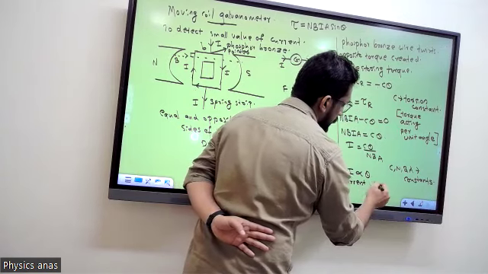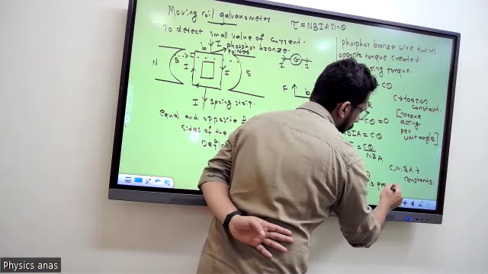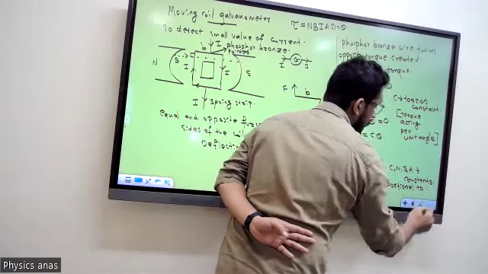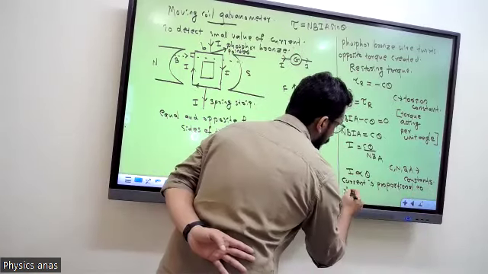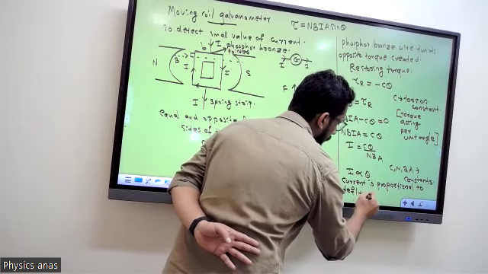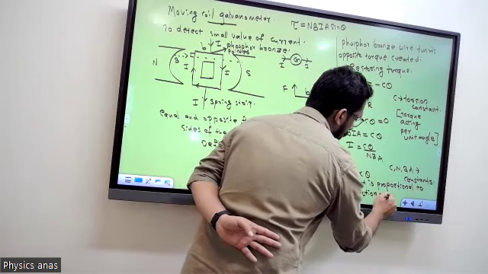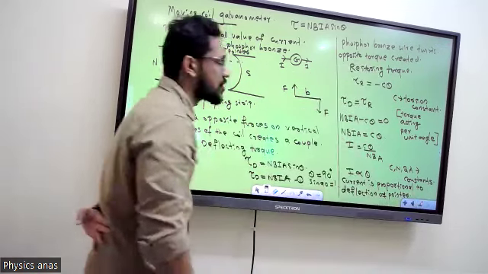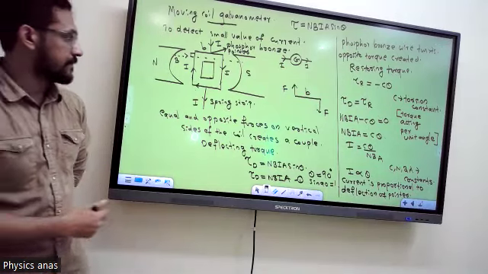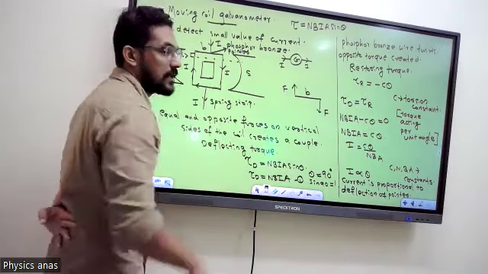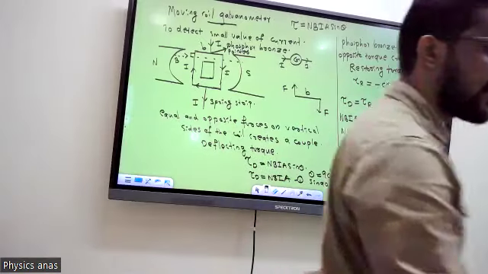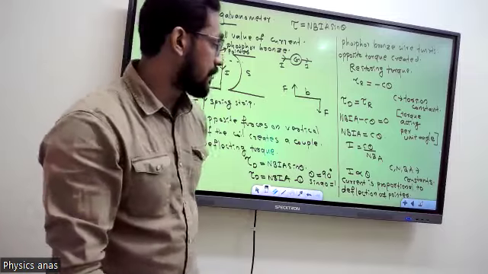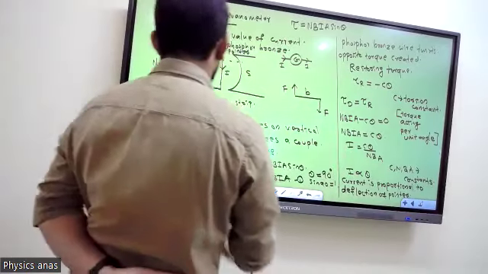Current is proportional to deflection of the pointer. Did you get it? Current is proportional to deflection of the pointer.